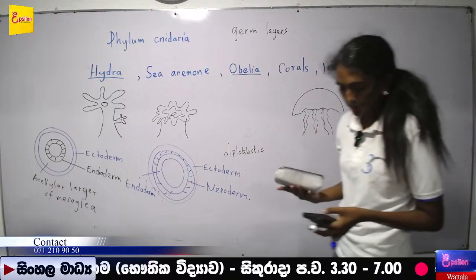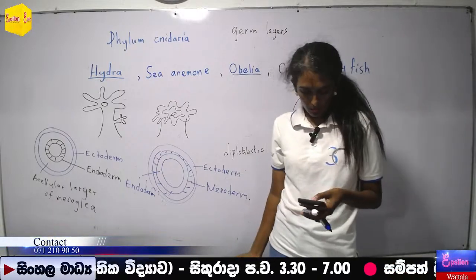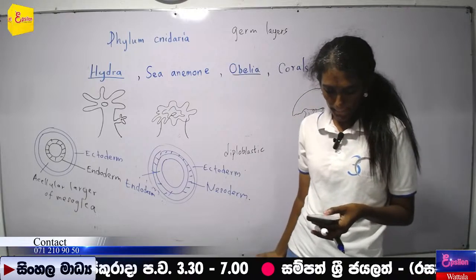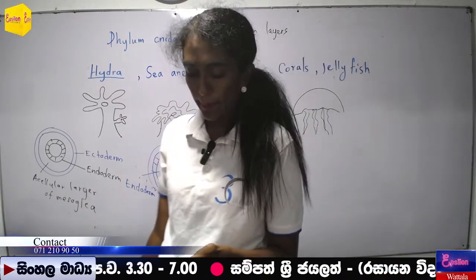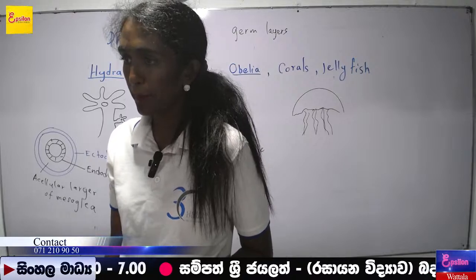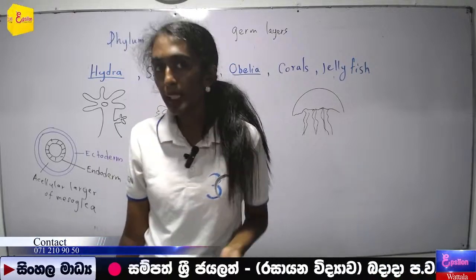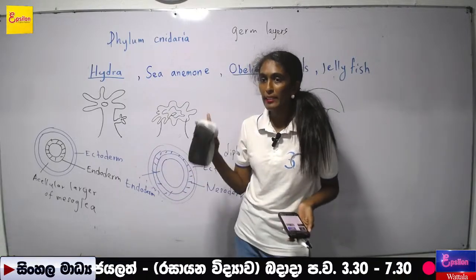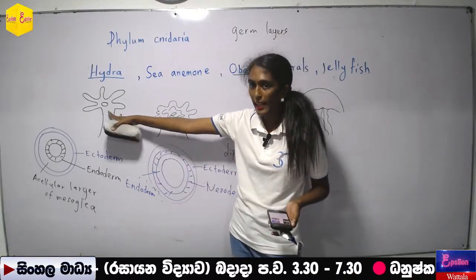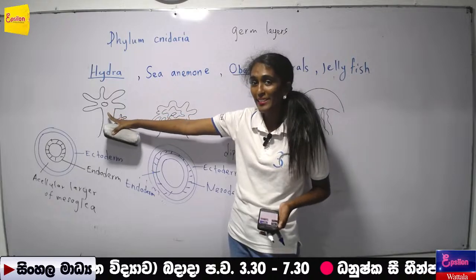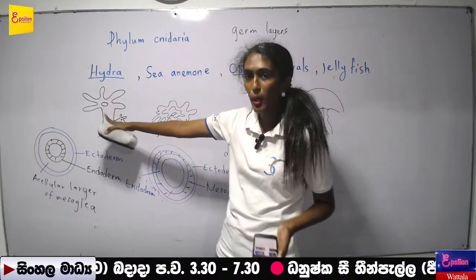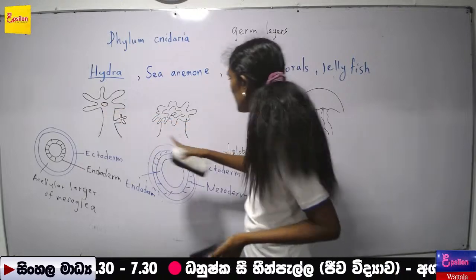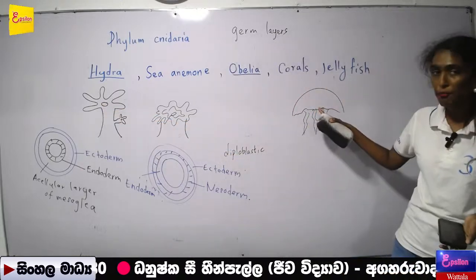All right. Next one. They have a simple gastrovascular cavity. Are they having a complete digestive tract? No. That means they have only one opening in the digestive tract. Mouth is there, no anus, right? Only mouth is there. This is the mouth in this guy. But where's the mouth in jellyfish?